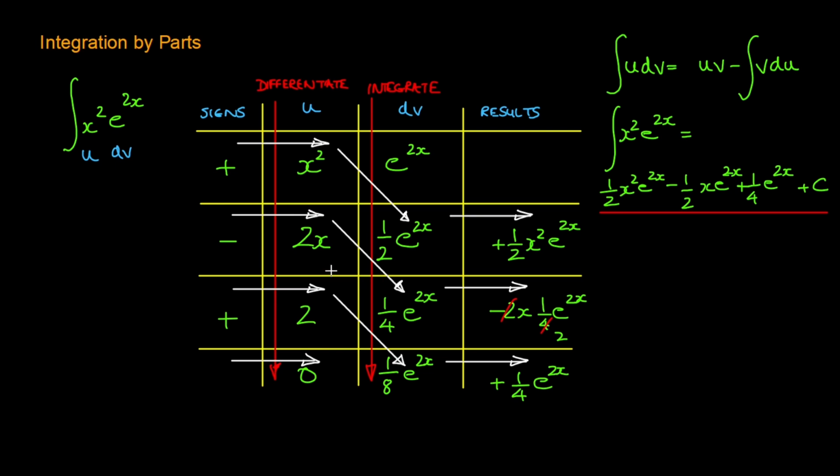And you gather up those terms along the second row of arrows. Negative 2x multiplied by a quarter e to the 2x turns into the second term. Then the arrows for the third term. Now positive again. That's why you have this alternating sign on the first column. It's a really good way of doing these multiple loop integration by parts.